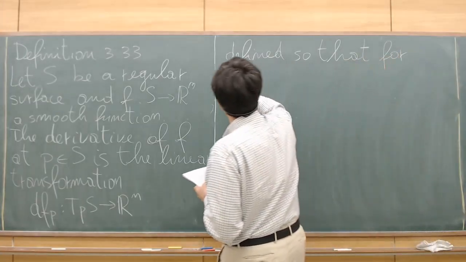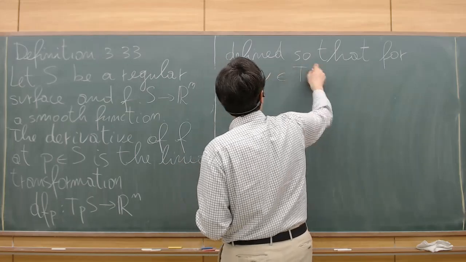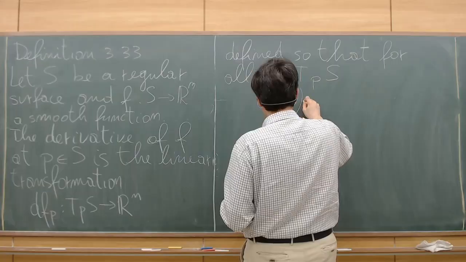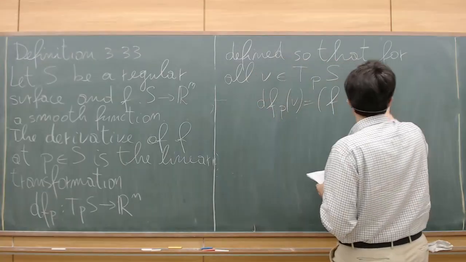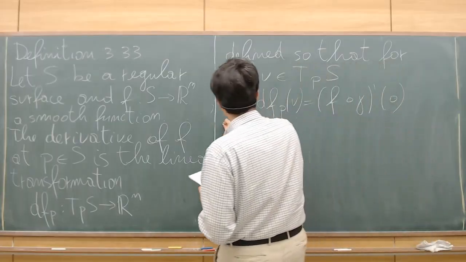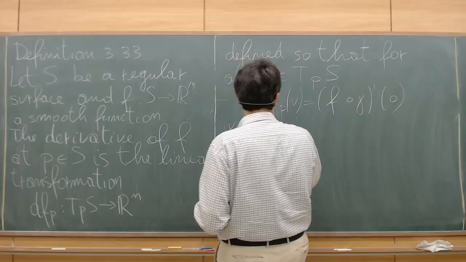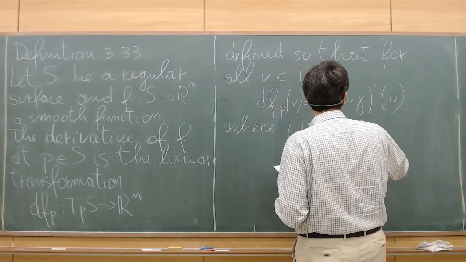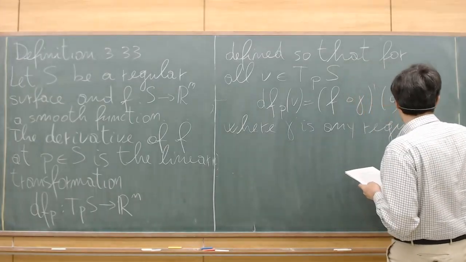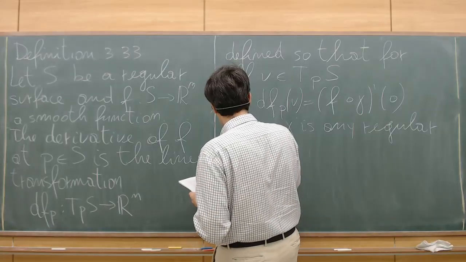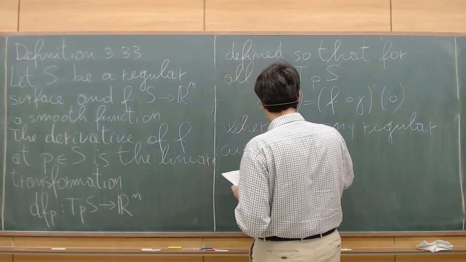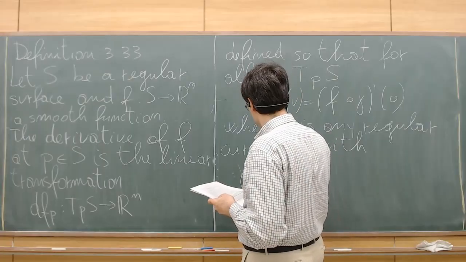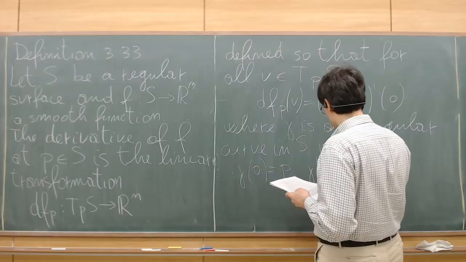For all V in T_P S, we have that df_P(V) is (f composed with gamma) prime evaluated at 0, where, exactly as before, gamma is a regular curve in S with gamma(0) equal P, gamma prime(0) equal V.